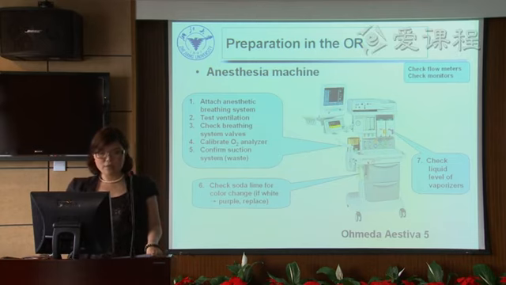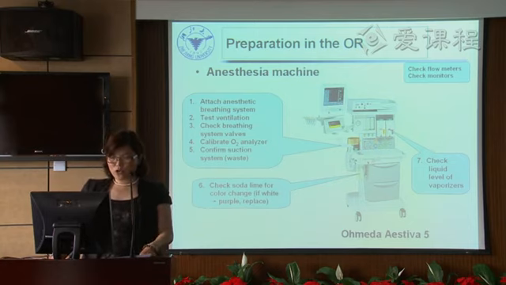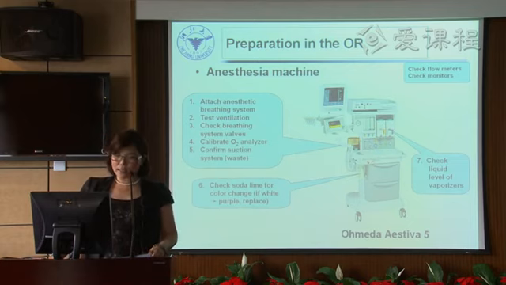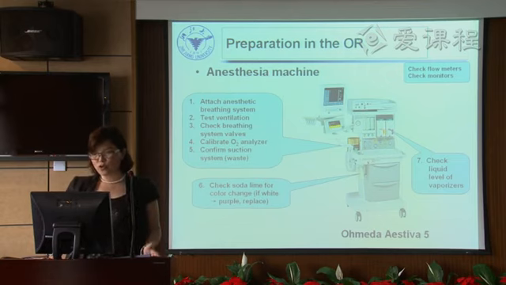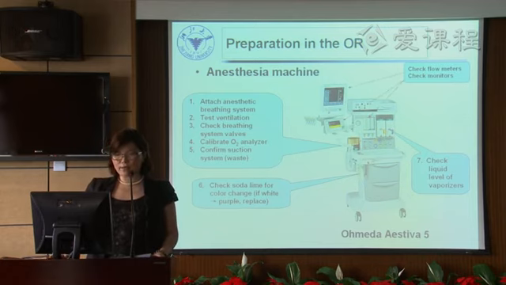We should confirm the suction system, and also check the soda lime for color changes. We should check the liquid level of the vaporizers, check flow meters, and check monitors, especially the alarm ranges of the monitors. We should make sure the alarm of the monitors is on.